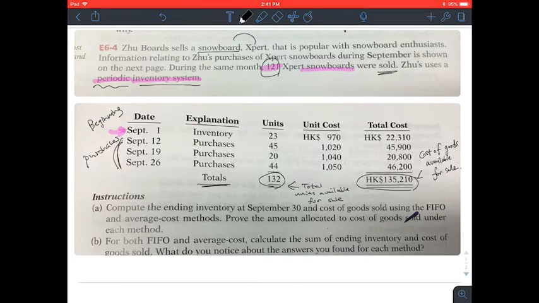Yes. And then let's go to the question instructions, and it says compute the ending inventory as of September 30th and cost of goods sold using FIFO and average cost method. Show the amount allocated to cost of goods sold under each method.